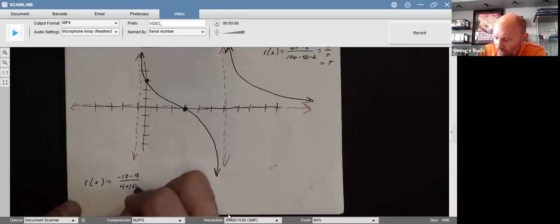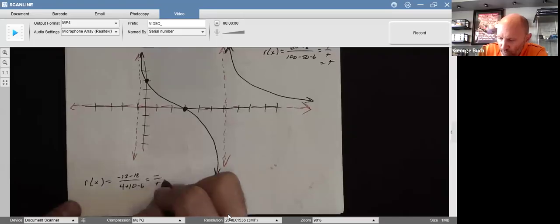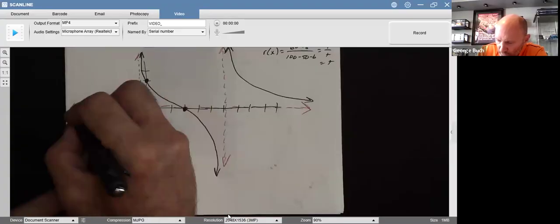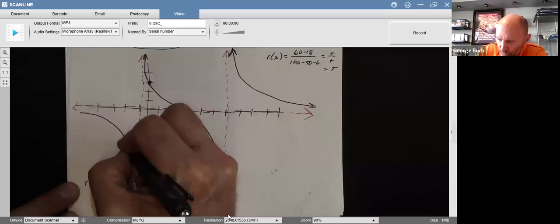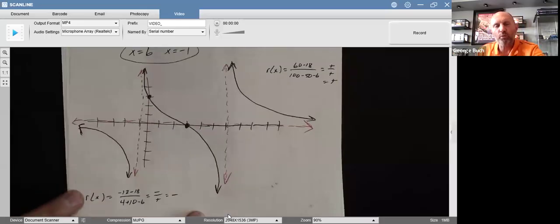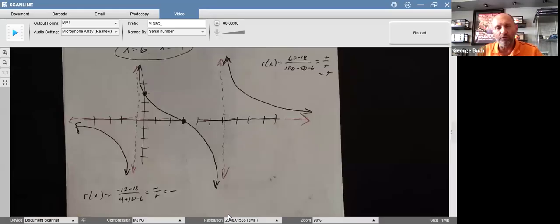So I get what? A negative number over a positive number, which is negative. So at -2, I'm in the negative zone, which is down here. So this portion of the curve ends up there. So that is actually what the graph looks like of this rational function.